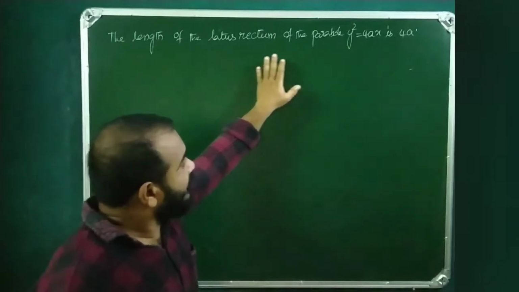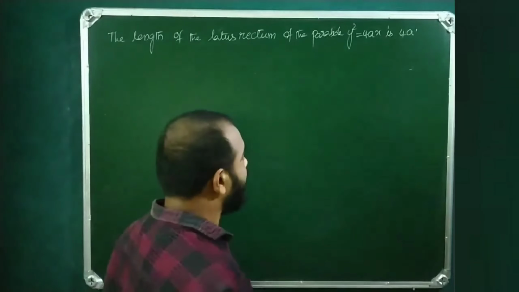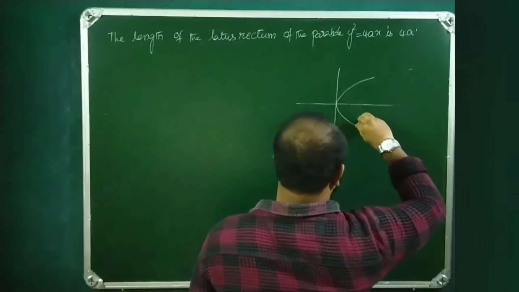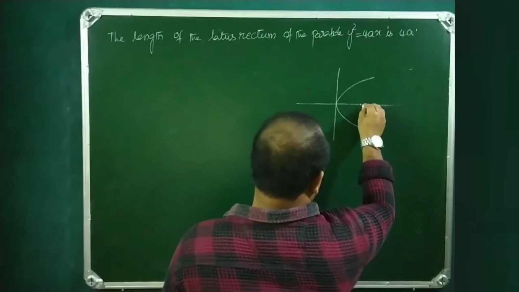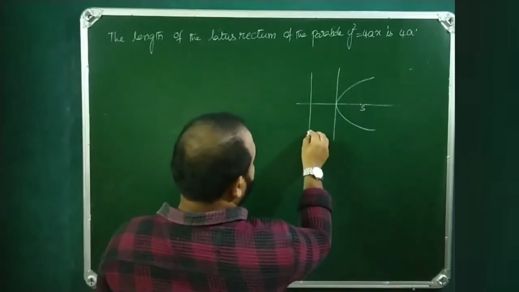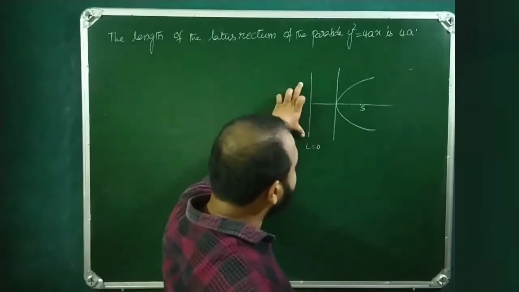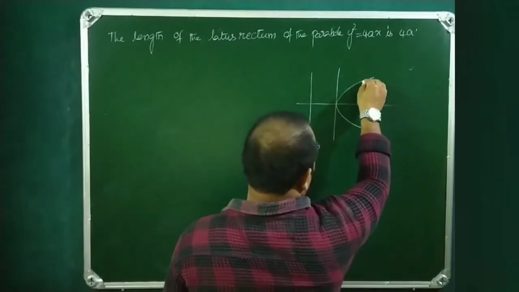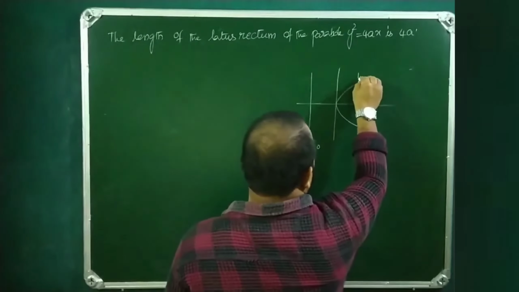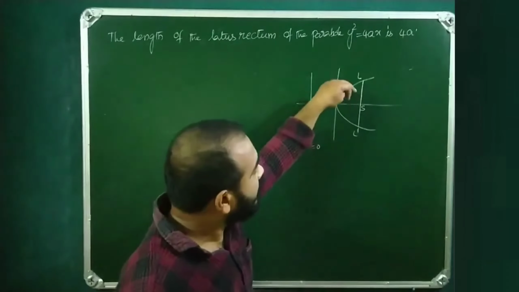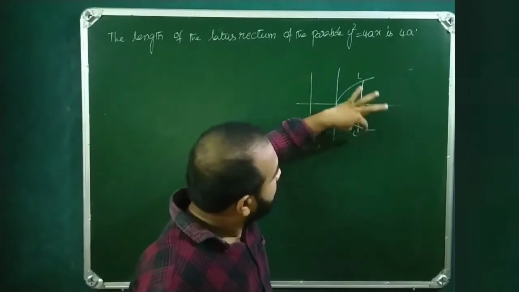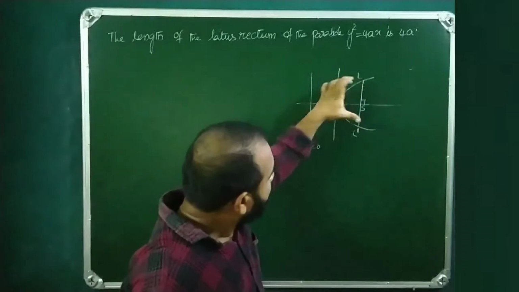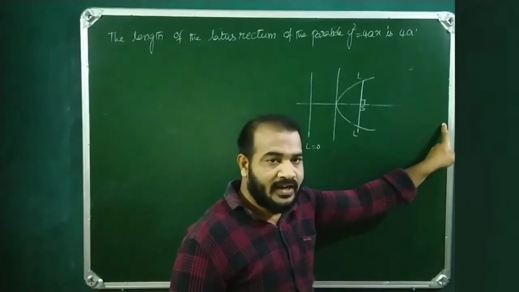The length of the latus rectum of the parabola y square equals 4ax is 4a. So, this is our parabola and this is the focus. This is the directrix, L equals 0, fixed line, fixed point focus, and this L, L dash is a chord. This chord is passing through the focus, so it is a focal chord, and this focal chord is perpendicular to the principal axis, a double ordinate.